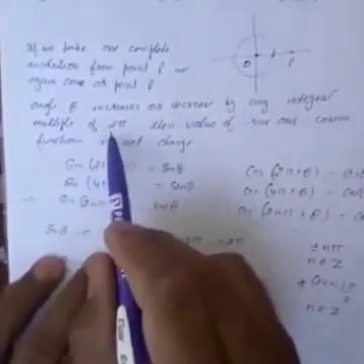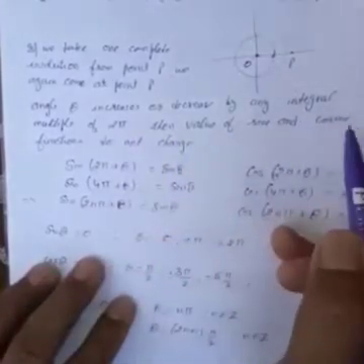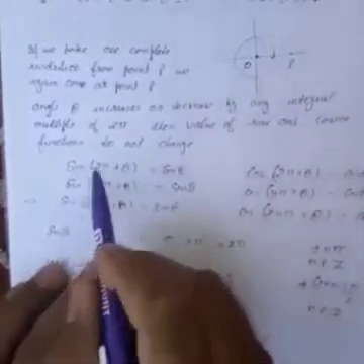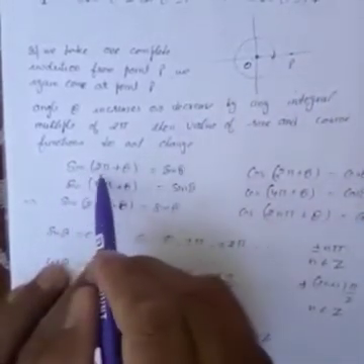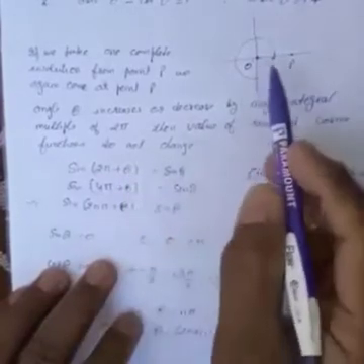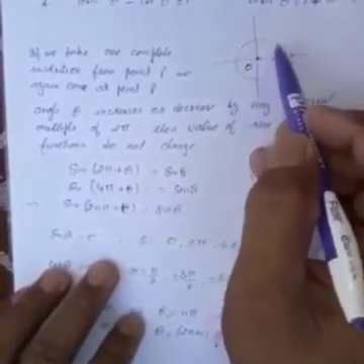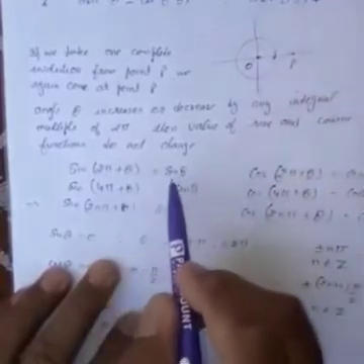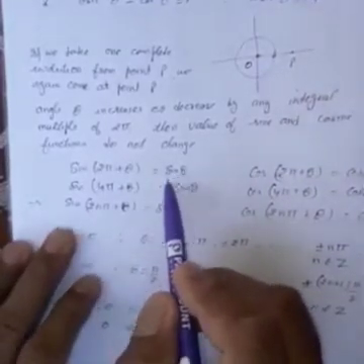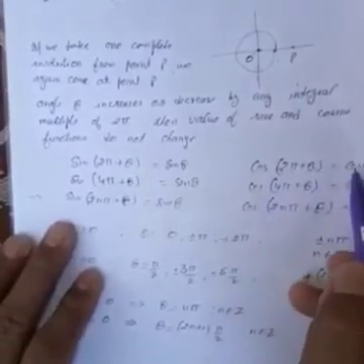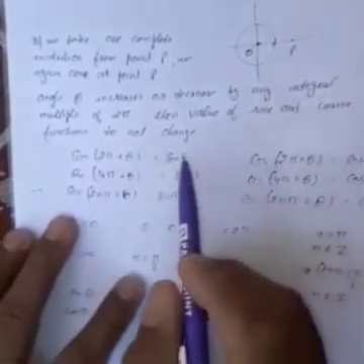in integral multiples of 2 pi, then the sine and cosine functions do not change. It means we can say that sine of 2 pi plus theta, 2 pi meaning after completing the circle, if the angle is theta, then it will be equal to sine theta. Similarly cos of 2 pi plus theta will also be cos theta, and in this way other T ratios also.